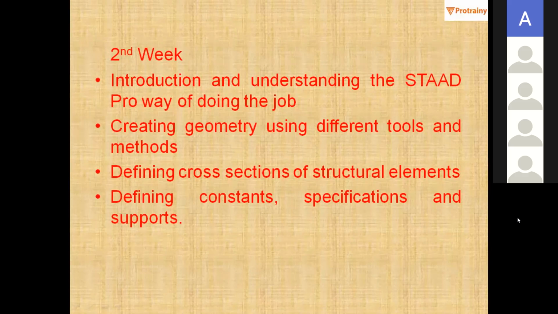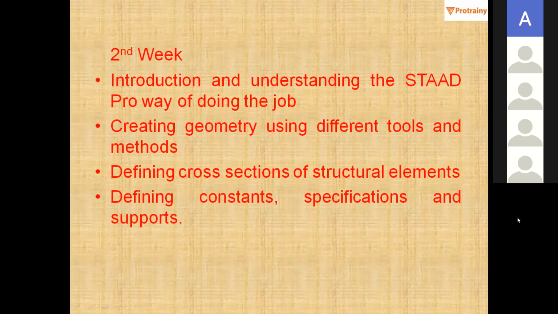So we know beforehand how exactly it's going to behave. What we do is model and simulate the structure on our computer screens before its execution on the ground, so as to ensure the real-time behavior of the structure.